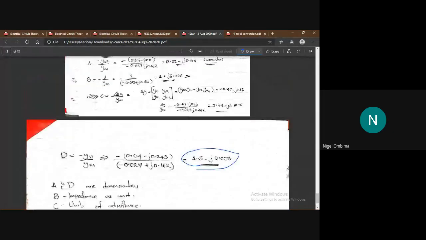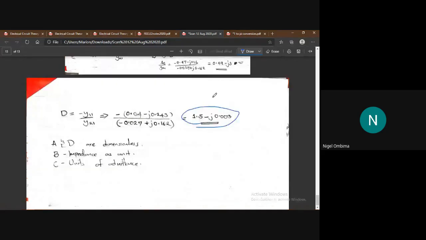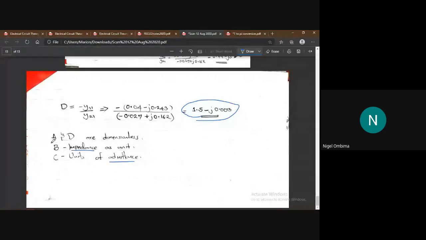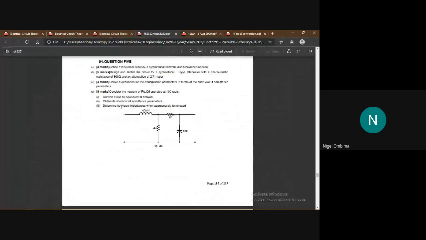But for C now, because it's determinant, this is just the same as Y squared minus Y squared over Y. It's the same as Siemens squared over Siemens, whereby the answer will just give you Siemens. So C has units of admittance, B impedance, D and A are dimensionless. So that's part 3 of D.